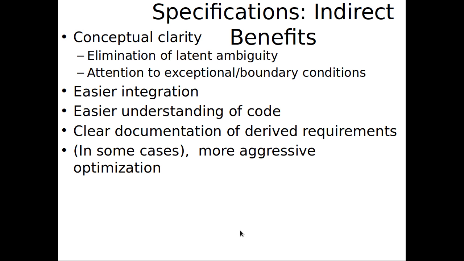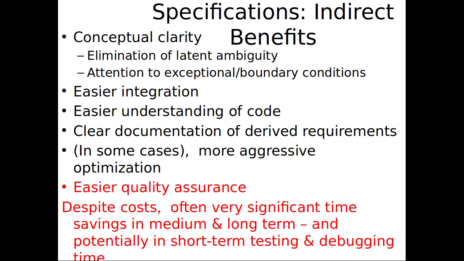Okay, some indirect benefits. So you get conceptual clarity on what's going on, easier integration of different components, easier understanding of the code, clear documentation of derived requirements, and in some cases more aggressive optimization because you know what can be readily changed, and easier quality assurance. Okay, this takes time.